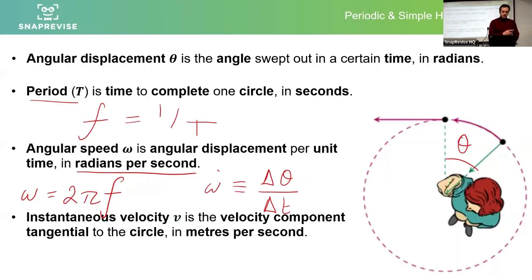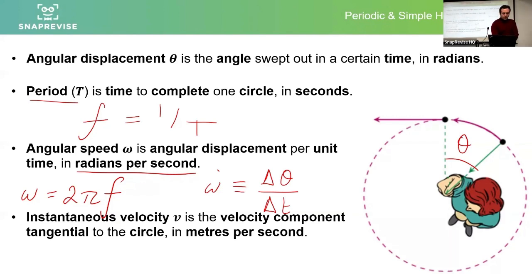So far I've been talking about linear motion and angular motion almost separately. So how can we link them? This is why radians come in useful. If I turn 1 radian per second, we defined a radian as the angle such that the arc length is equal to the radius.